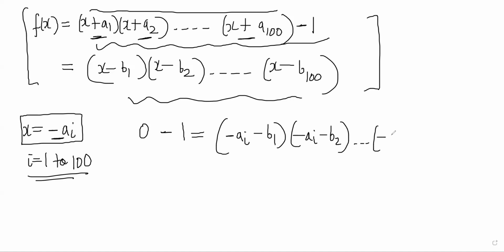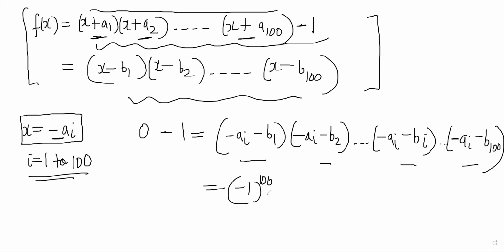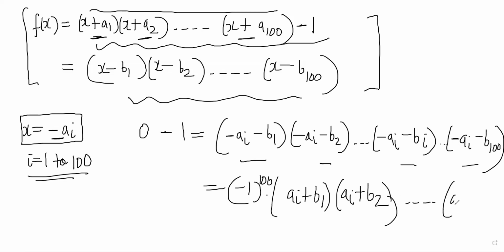There will be one term which will be minus ai minus bi. And there will be other terms, finally minus ai minus b100, right? And now there are 100 terms here. So we can take minus 1 common power 100 and we get ai plus b1, ai plus b2, and so on ai plus b100, right?